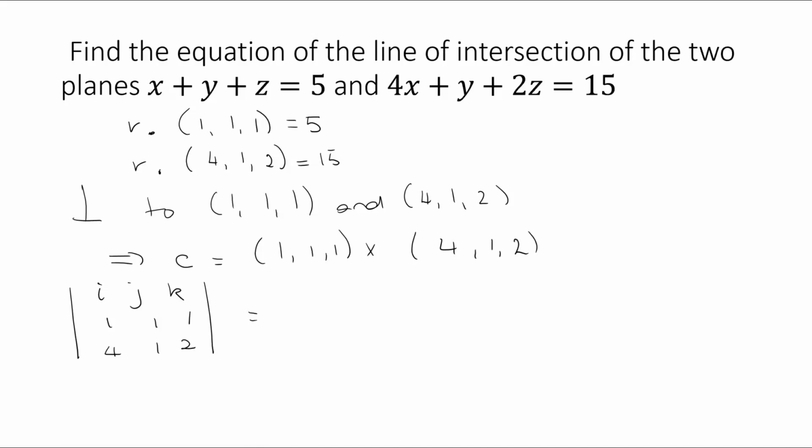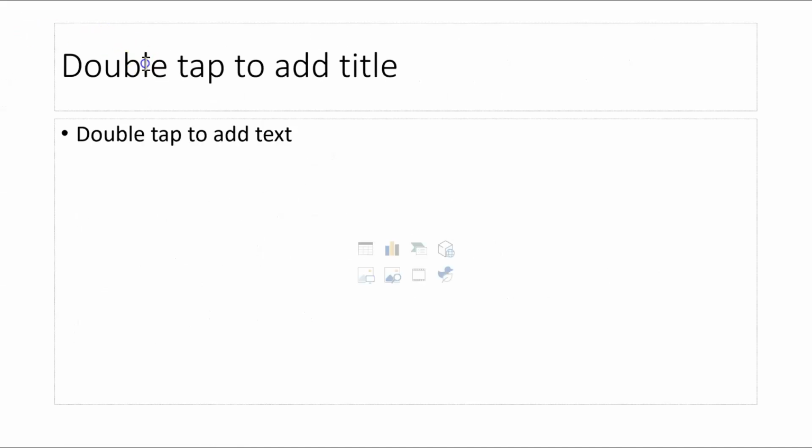And working out that, so it's I times 2 minus 1, which is 1, plus J times 4 minus 2, which is 2, and K, which is 1 minus 4, so minus 3K, which we could write as 1, 2, -3. Okay, just at this stage I can see I'm going to need another slide, so I'm just going to insert another slide.